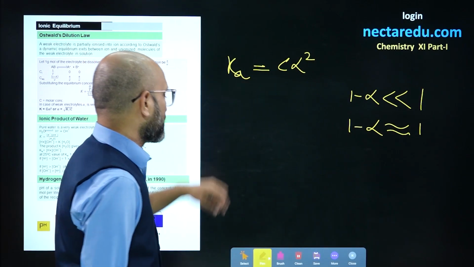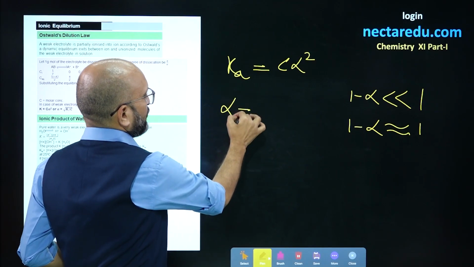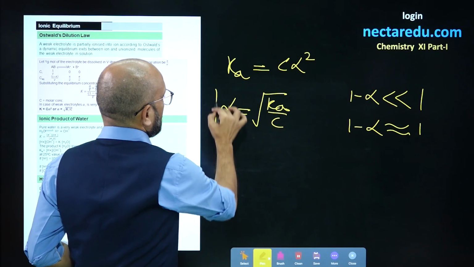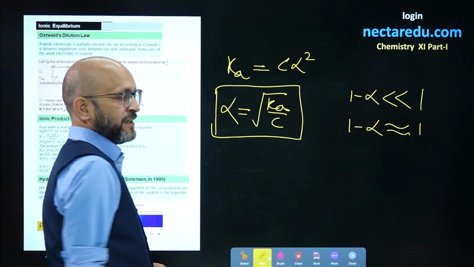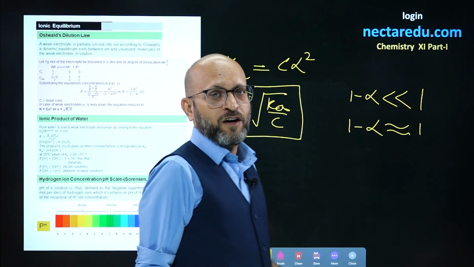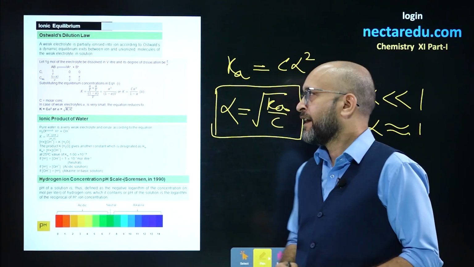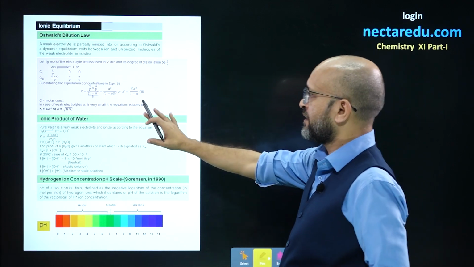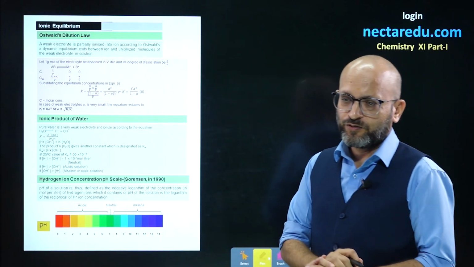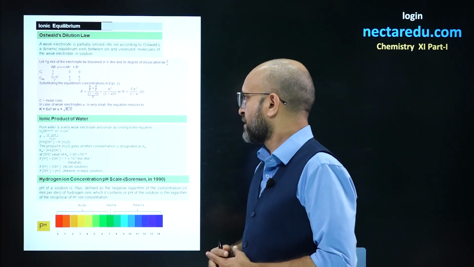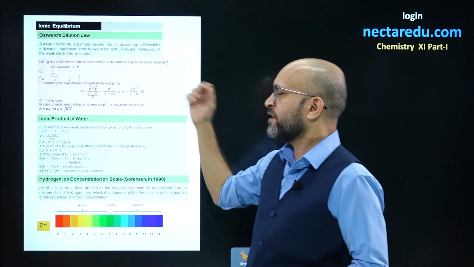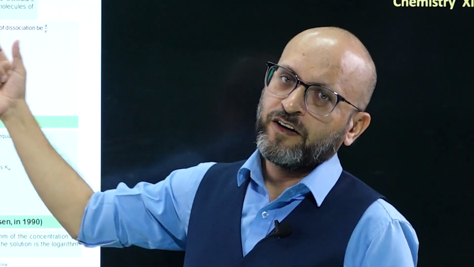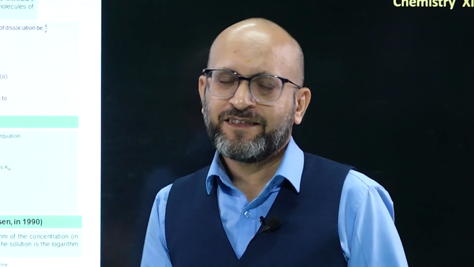From this expression, you can calculate alpha equals root of Ka by C. You can use it for calculation of the dissociation constant and alpha, the degree of dissociation. So you can calculate the degree of dissociation using Ostwald dilution law: alpha equals root of Ka by C for an acid and root of Kb by C for a base.